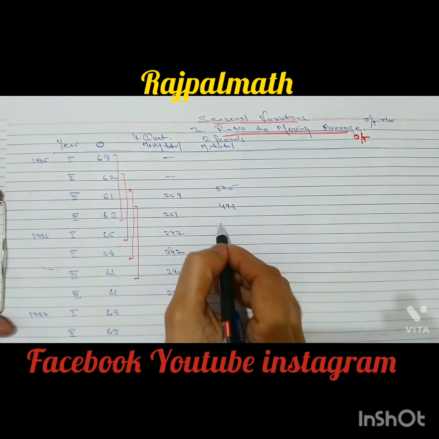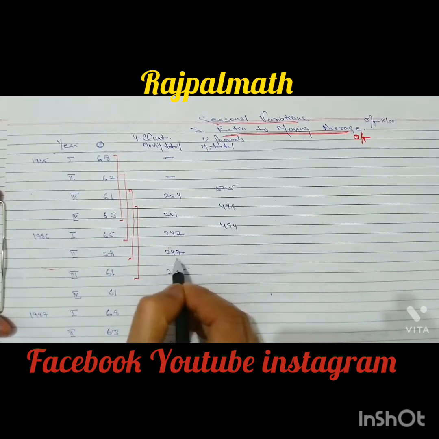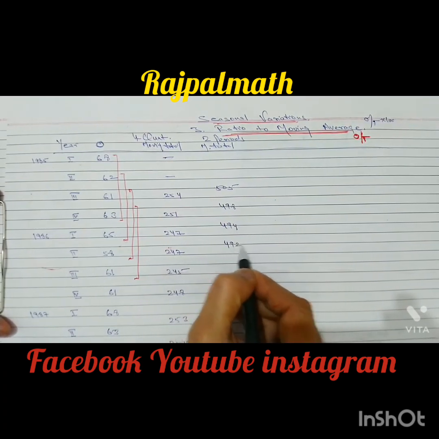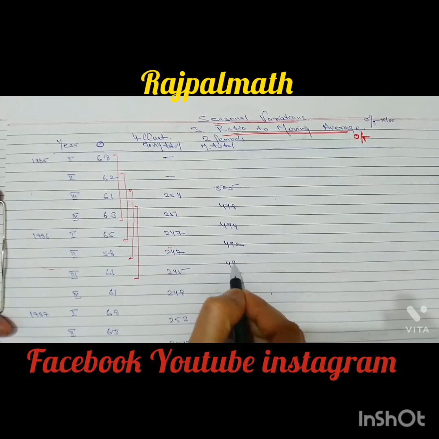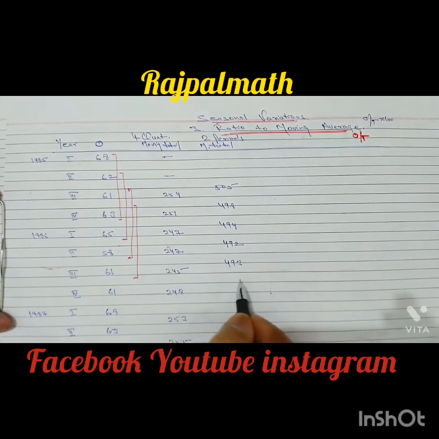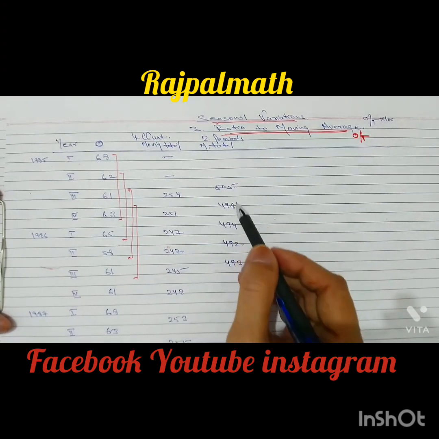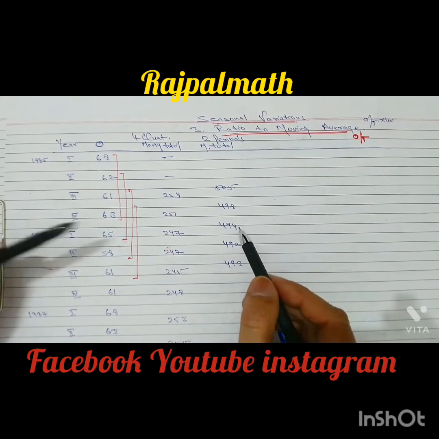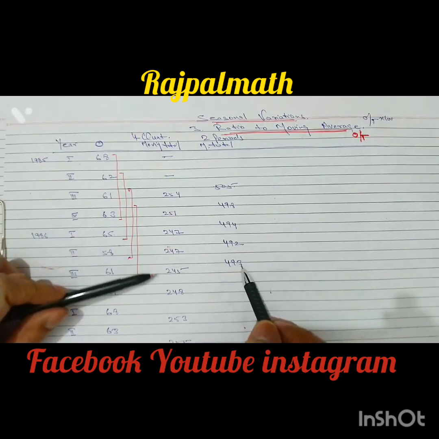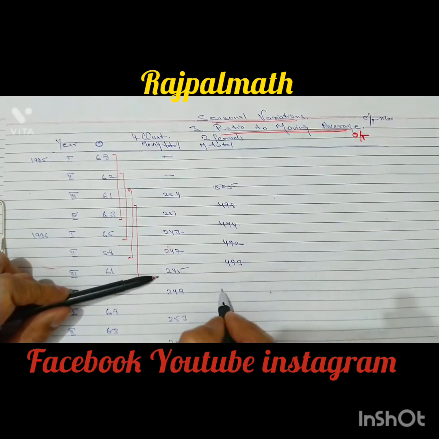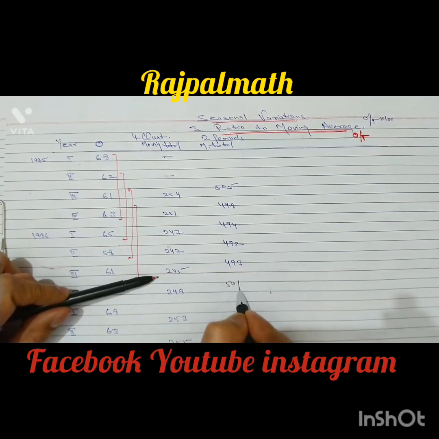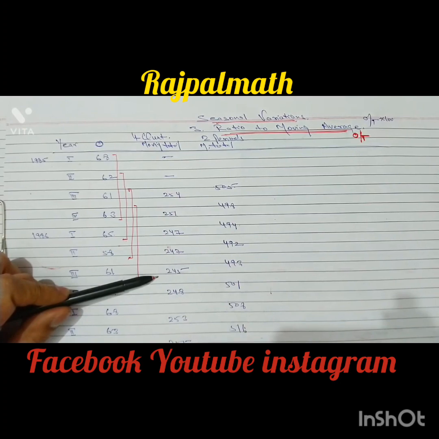For the next 2, 494. For the next 2, skip 1, 492. For the next 2, 493. Then 501, 508 and 516.